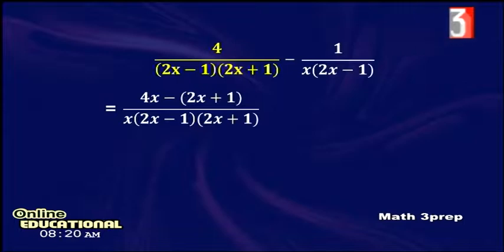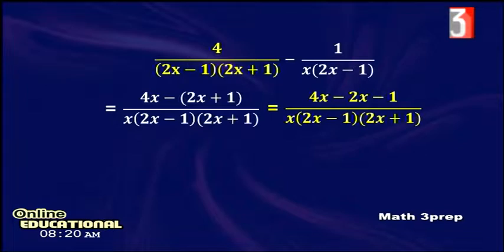So multiply also the numerator by 2x plus 1. So 2x plus 1 times 1 gives 2x plus 1. And then it will be 4x minus (2x plus 1) over x(2x minus 1)(2x plus 1).